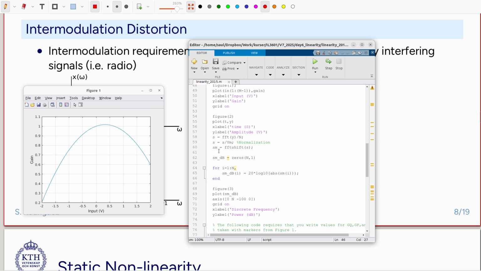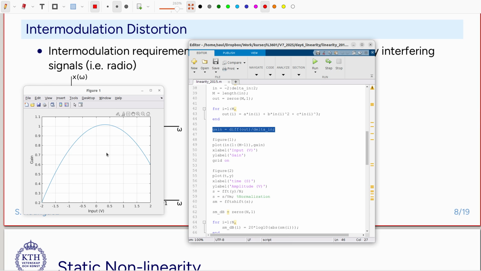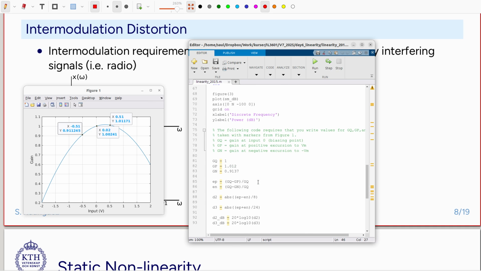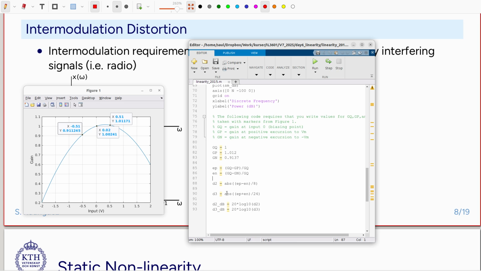I put an amplitude Vm equal to 0.5. First I get the gain at the operating point, the gain at an excursion of 0.5, and the gain at an excursion of minus 0.5. Then I take these numbers and calculate the errors, the second order distortion, and the third order distortion.